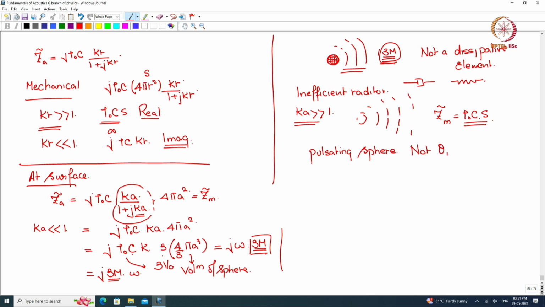The pressure just decays away as 1 over r from the surface, or from the center, with no dependence on theta or phi. Okay, I will stop this lecture here and we will continue along these lines.